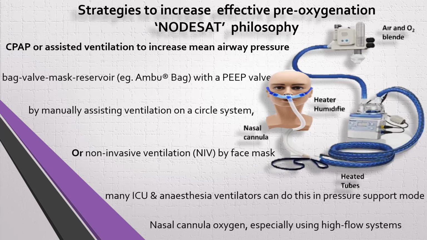In a normal patient, to do pre-oxygenation, you have to give oxygen supplementation with FiO2 100% or more than 95% for at least 4 to 5 minutes, or at least 8 vital capacity breaths, deep breathing, 8 vital capacities.